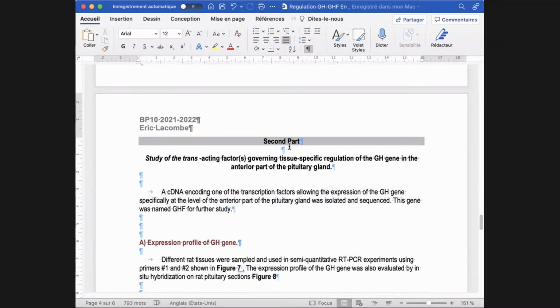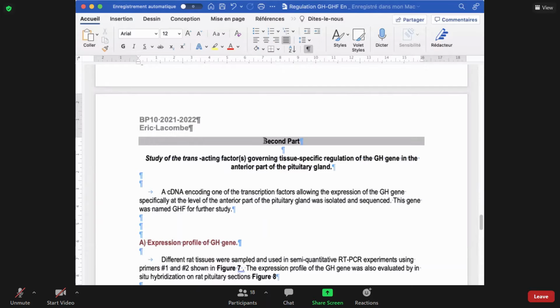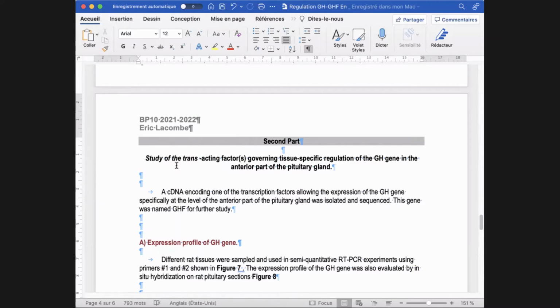So we already started, and we took a lot of time because what we did last time was very complex. The second part was the characterization of the transcription factor that was going to regulate specifically this gene in the anterior part of the pituitary gland.